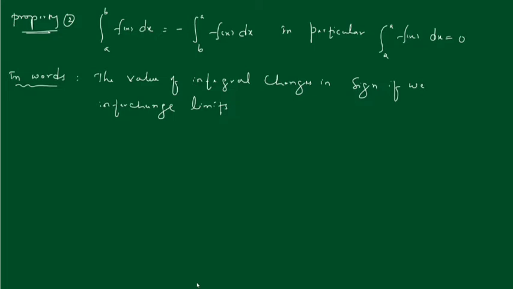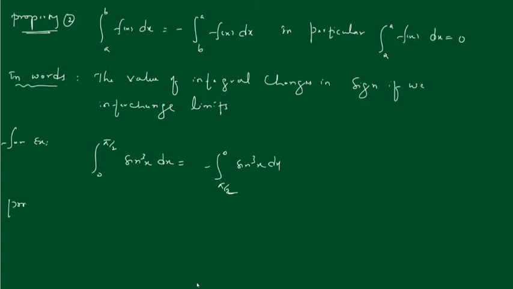For example, integration 0 to pi by 2 sine cube x dx is equal to minus integration pi by 2 to 0 sine cube x dx, right? So when we interchange the limits, that is upper limit and lower limit, the sign of the integral changes.